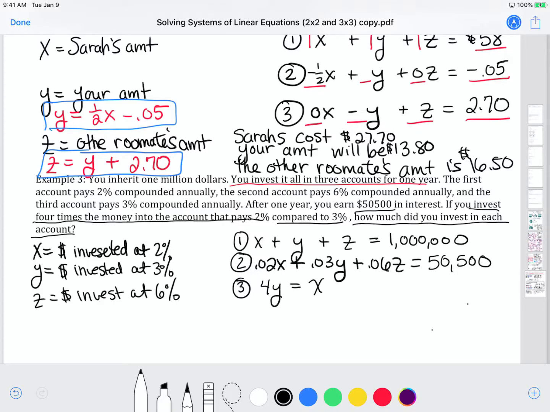So when I rewrite that, I get minus x, because I'm going to subtract x from both sides, plus 4y. I have no z here, so that would be a plus 0z is equal to 0. So this rewritten so that my x's, y's, and z's are all lined up would be this.